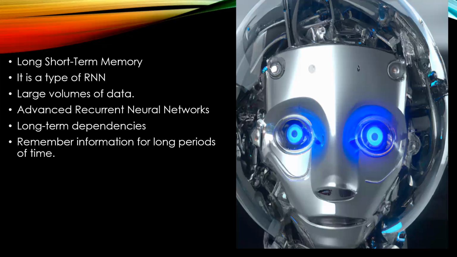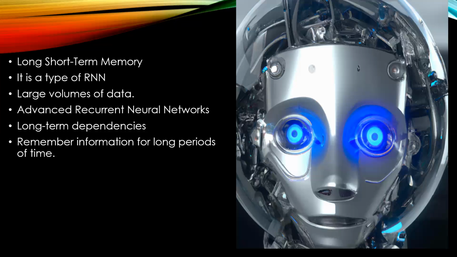Now, what exactly is sequential data? Typically, speech recognition. Speech is a typical example of sequential data. So LSTM can be used to model speech recognition, machine translation, and handwriting recognition.